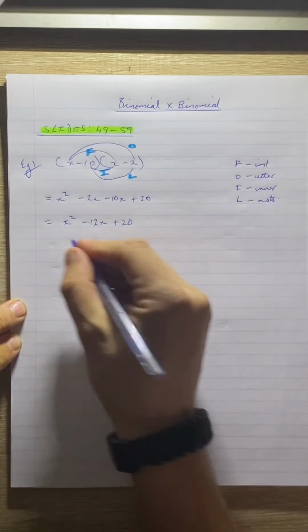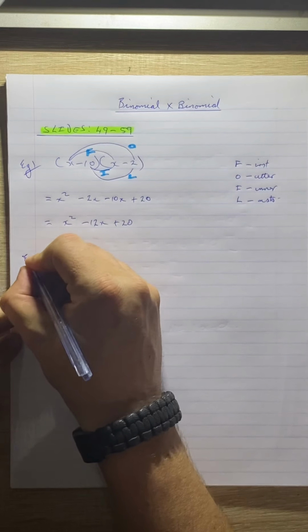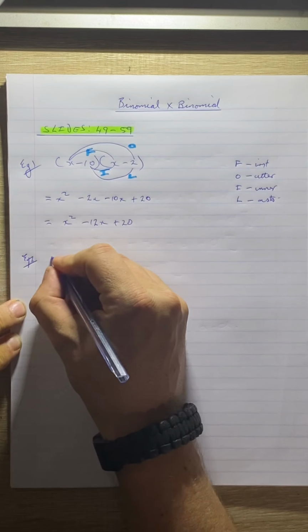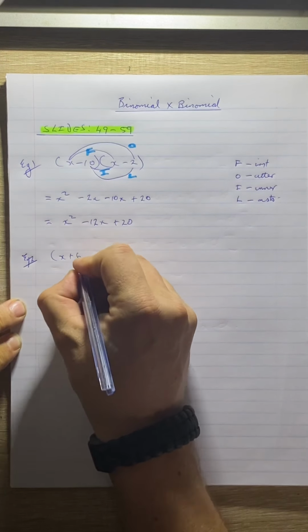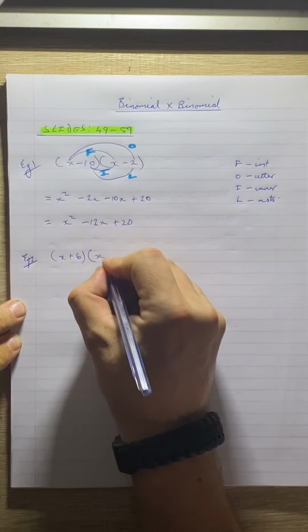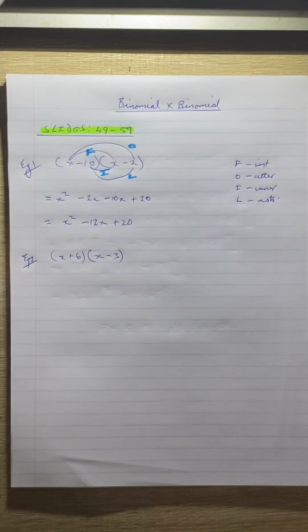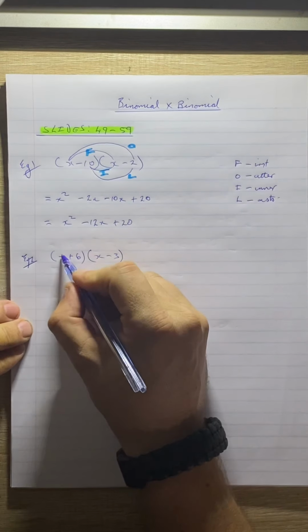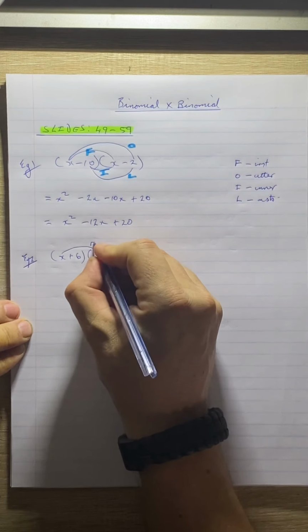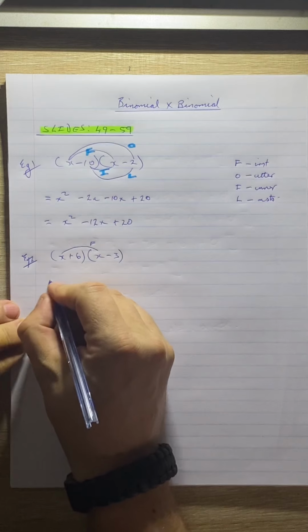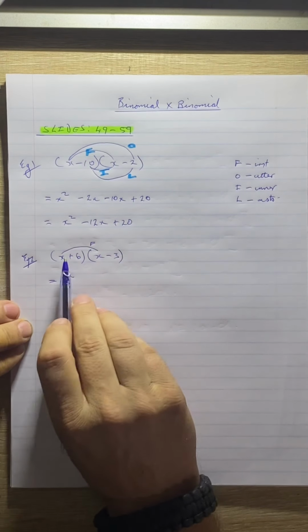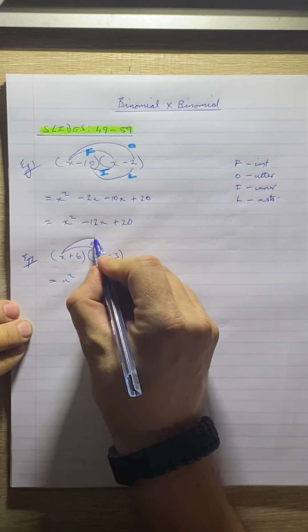Okay, moving on to example 2. We've got x plus 6, x minus 3. So firsts, that's our firsts there. That will give us x squared. Remember, we're multiplying. Then we go on to the outers.